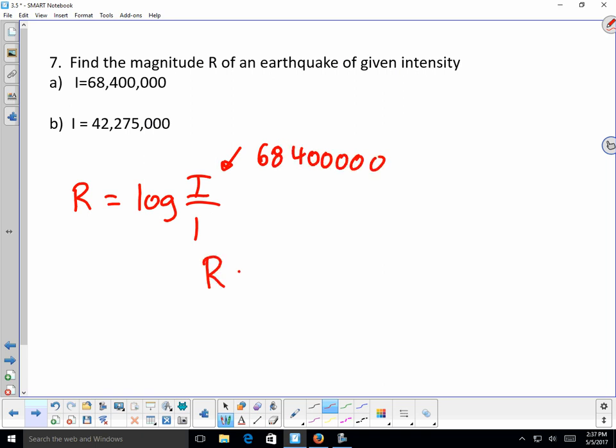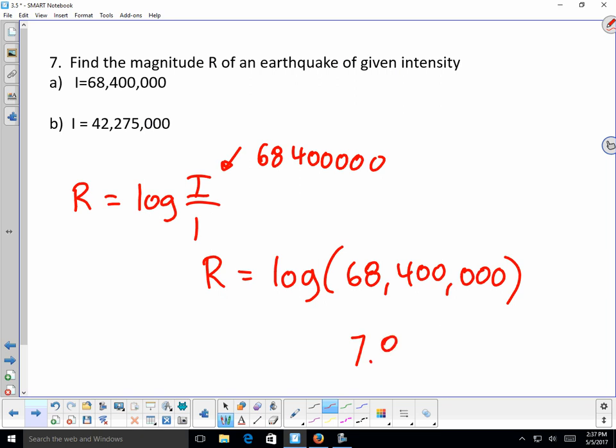And so the Richter scale rating would just be the log of 68,400,000. And what does that turn out to be? By the way, that's base 10 then, right? Eddie? 7.8. All right, so about 7.8 on the Richter scale for that one.